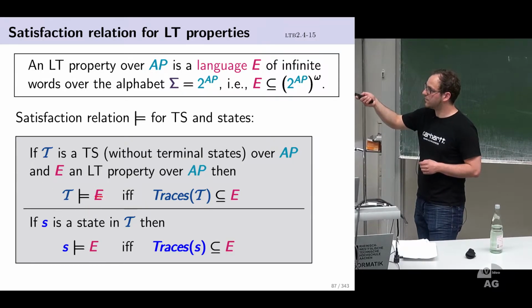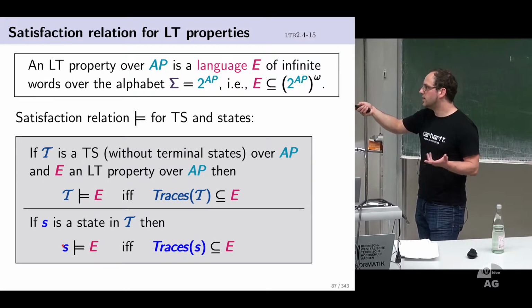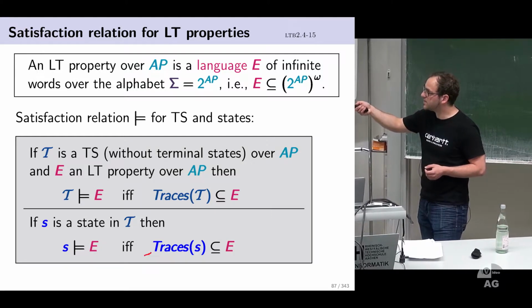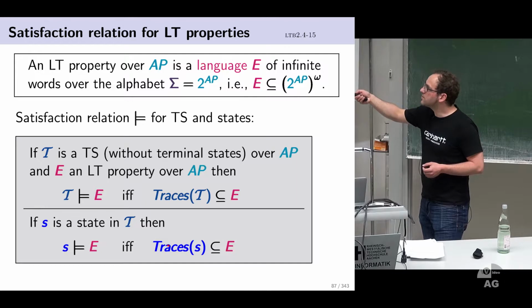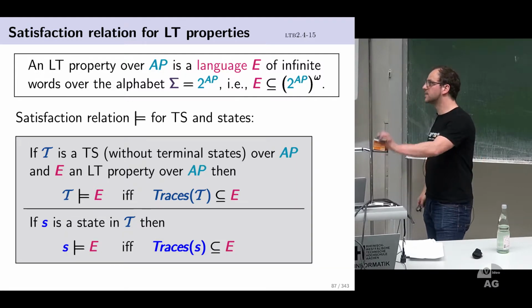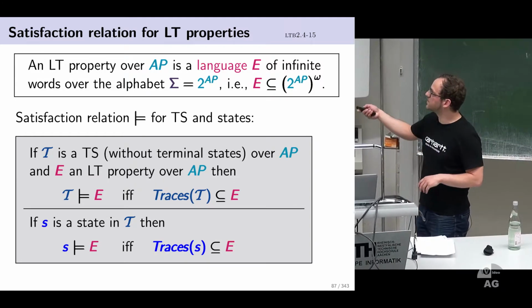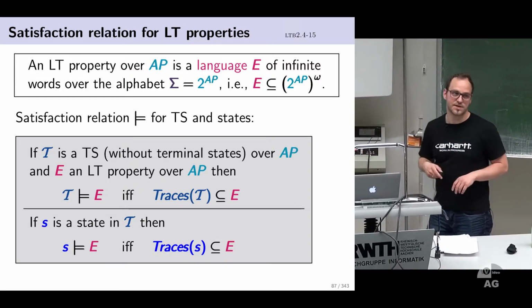Here we define it for a transition system, but very similarly we define it for a state. We say a state satisfies an LT property if and only if all traces, all the paths starting from s projected onto sets of atomic propositions, are contained in the linear time property E.